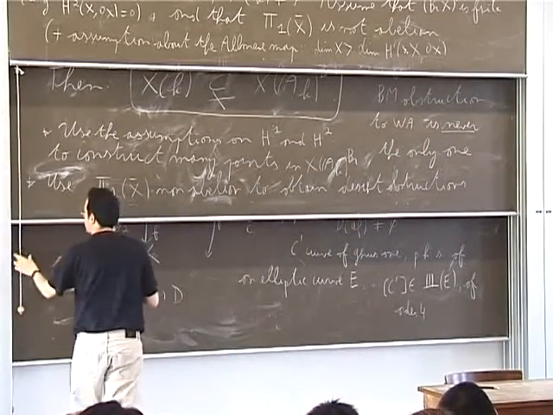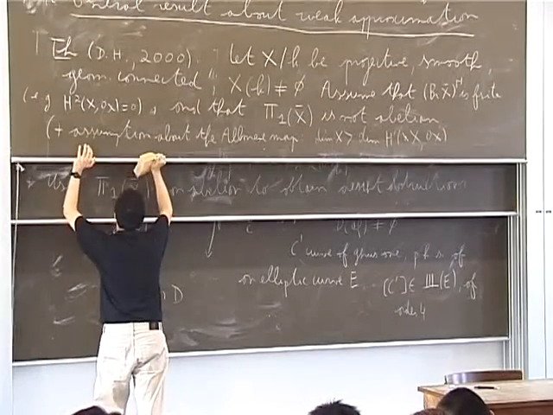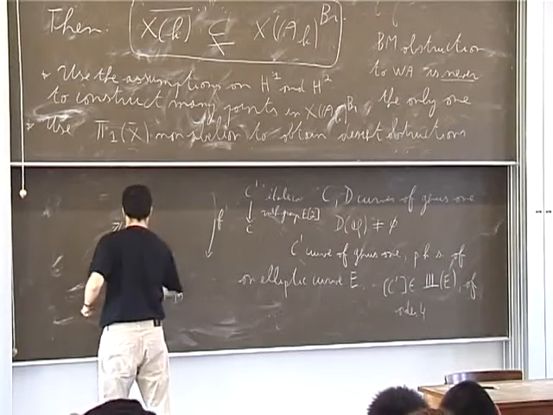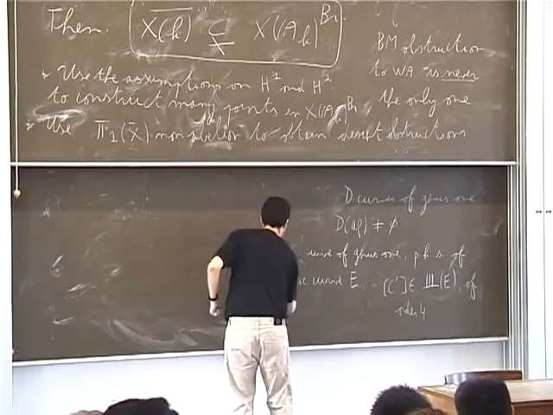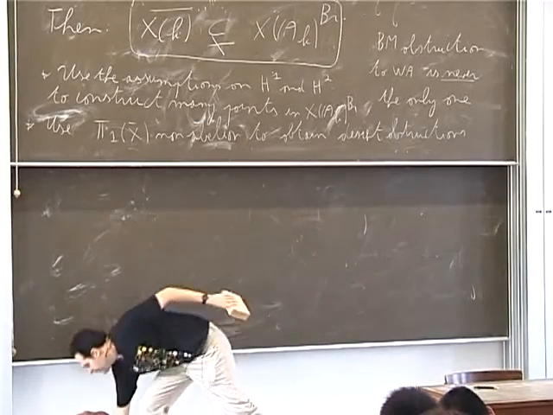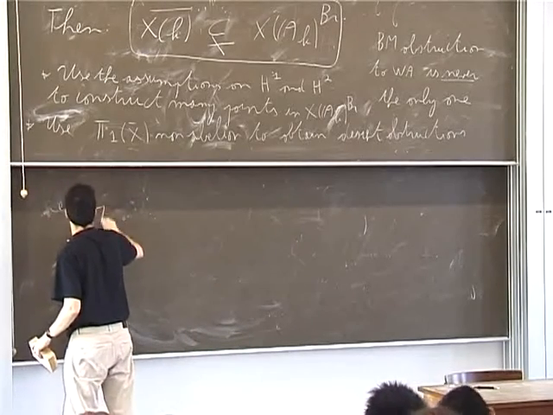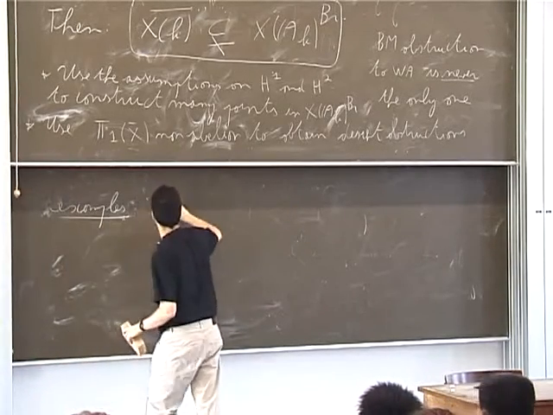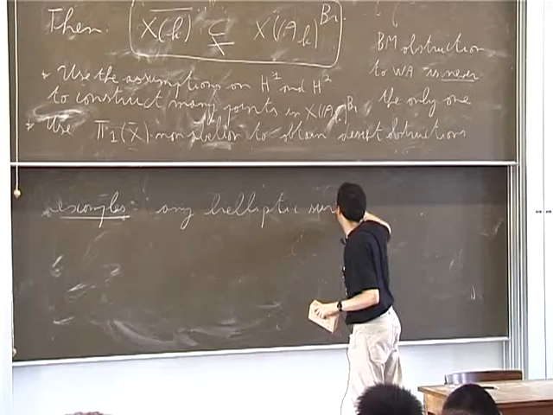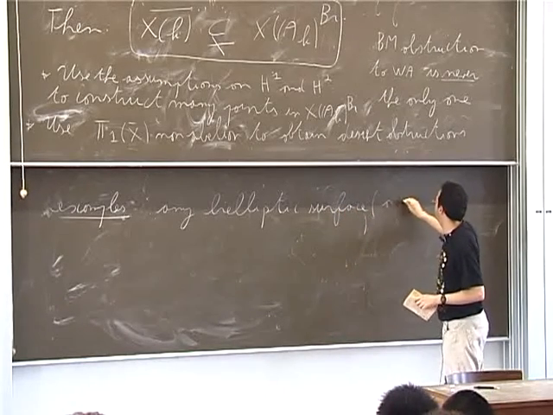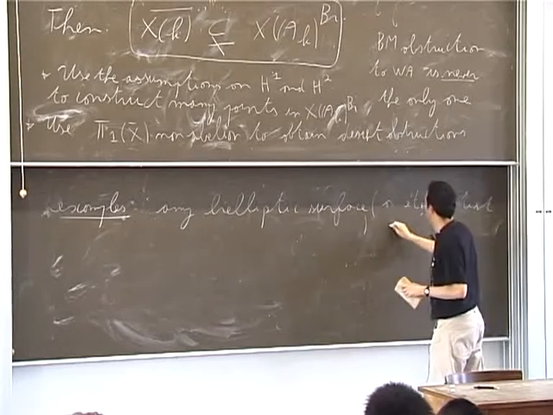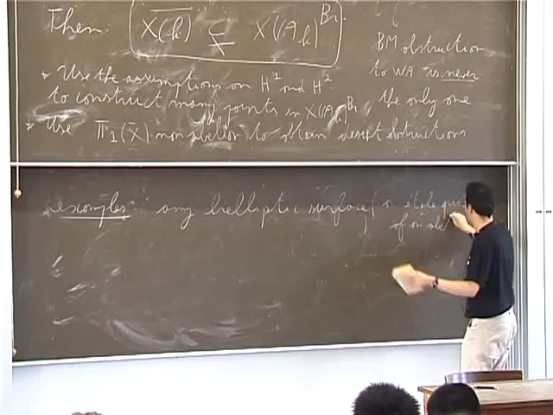So, for example, any bielliptic surface satisfies these assumptions, or more generally, any étale quotient of an abelian variety, so this works in higher dimension.